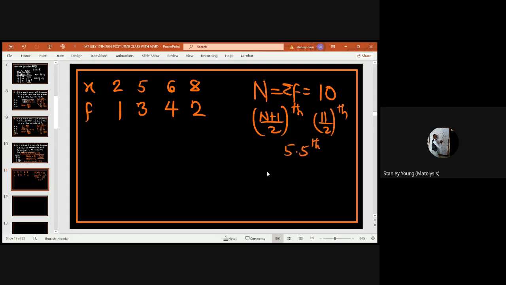So it means it lies between the 5th and the 6th. If you add 1 plus 3 together, that equals 4, which is not yet up to 5. So the 5th number will be here, and the 6th number also will be here.